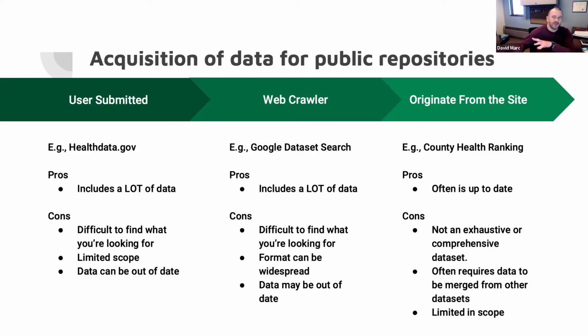So CMS would be an example of a repository where, granted, CMS has a lot of data, but it's limited in scope to data related to CMS hospitals that bill to Medicare, and data related to Medicare beneficiaries, for instance.